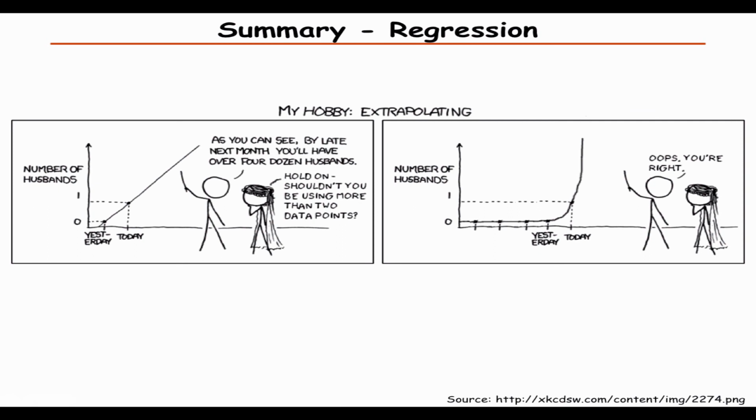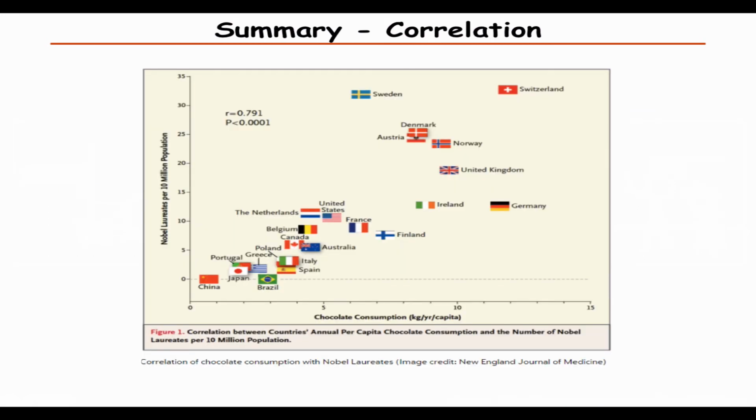Then we talked about correlation and all sorts of things. We can find all sorts of correlations that might or might not make sense. This is a correlation between chocolate consumption and the number of Nobel Prize laureates. The thing is that if we find a correlation, we should also make sure that it does make sense.